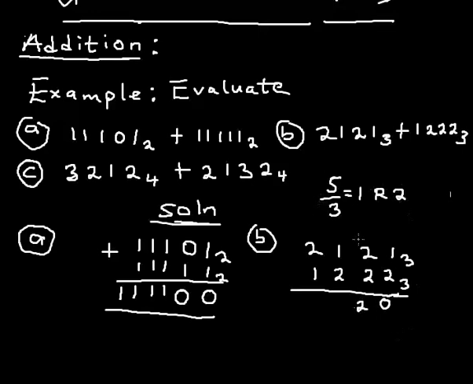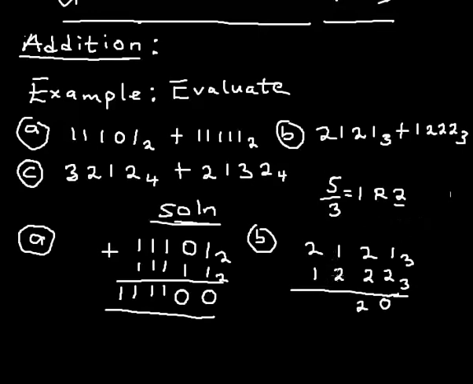I go again. 1 plus 2 is 3, plus the remainder 2, that's 5. Okay, I made a mistake.